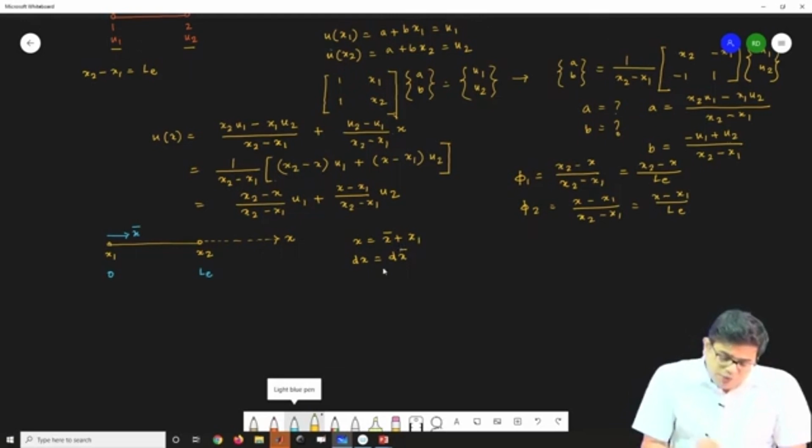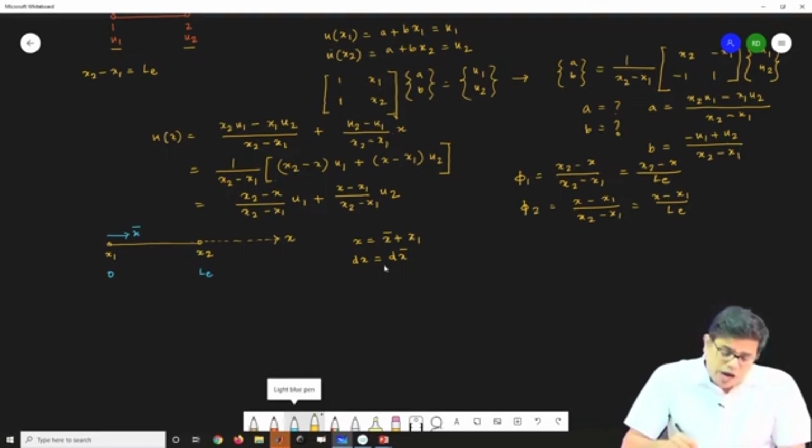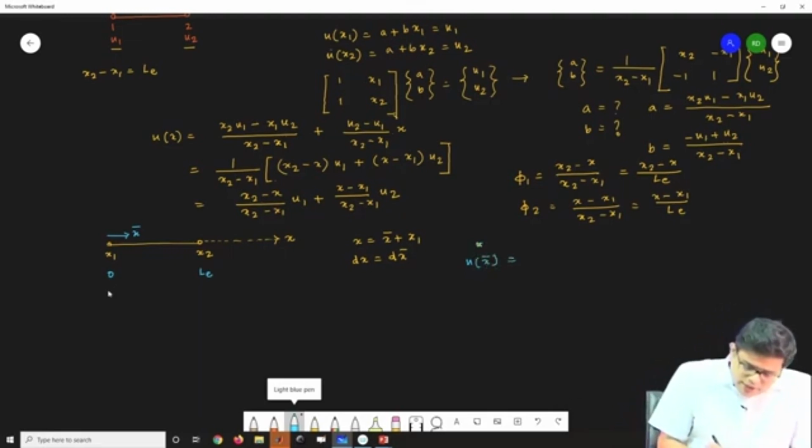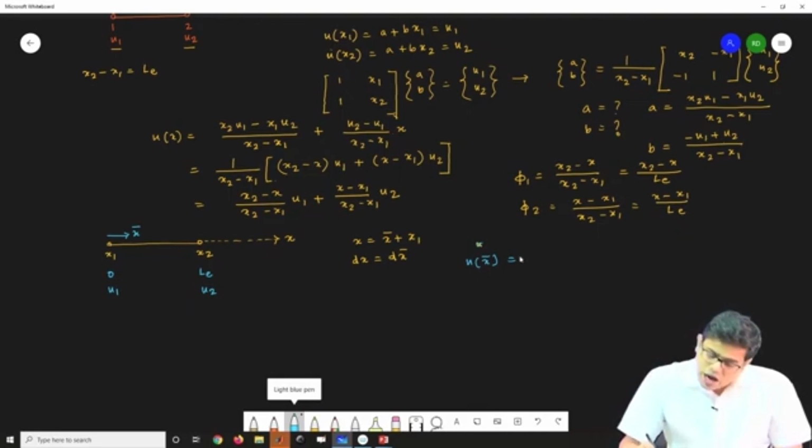But now if I choose this kind of coordinate transformation, how will my shape function look? Naturally my u becomes u(x bar). Notice one thing, the displacements at these points don't change. These are u1 and u2. Now how does u vary within the element?